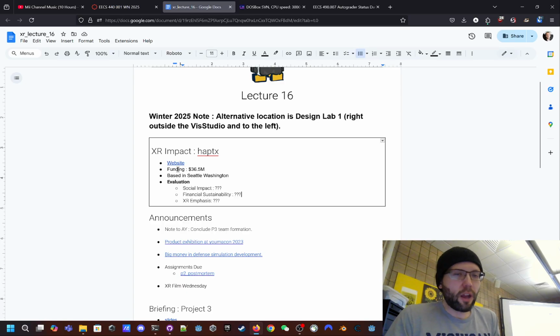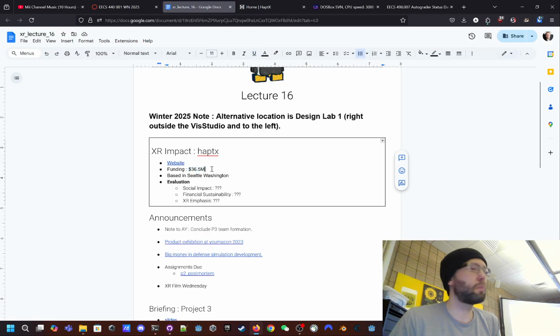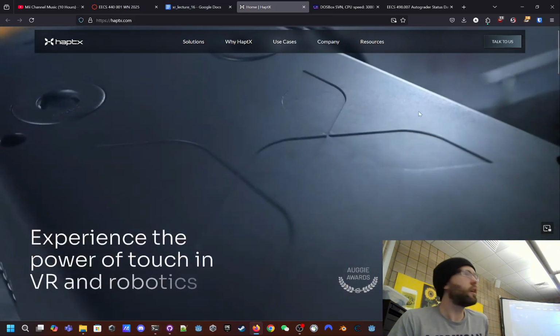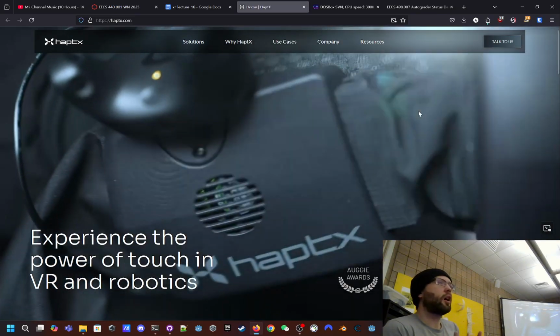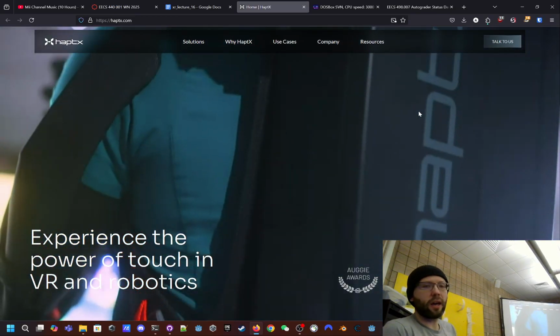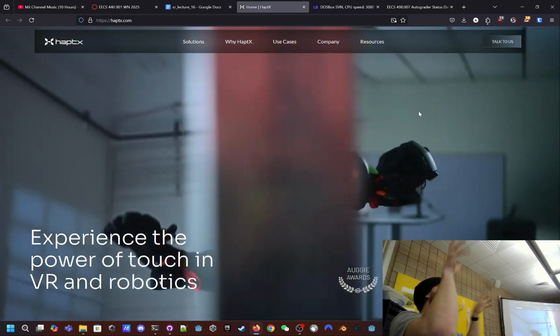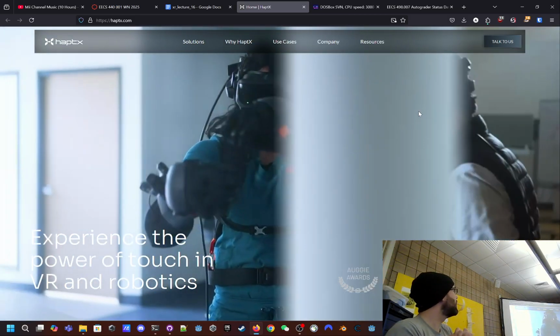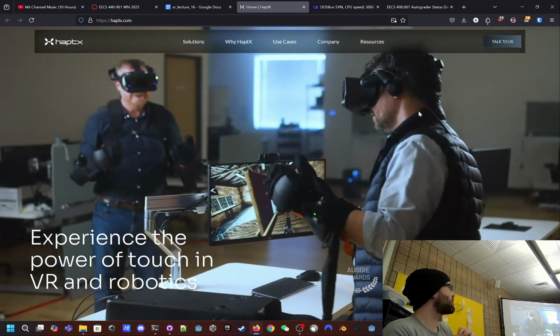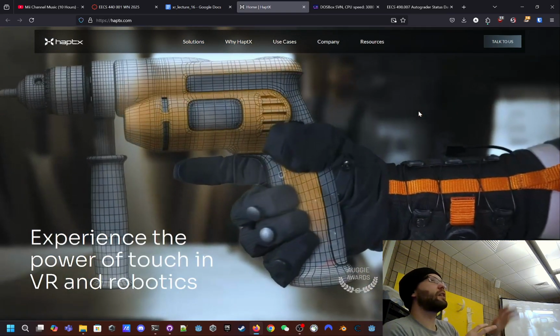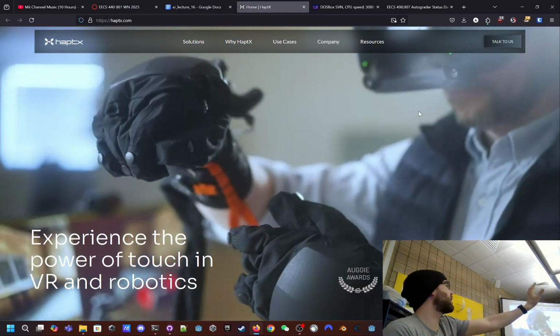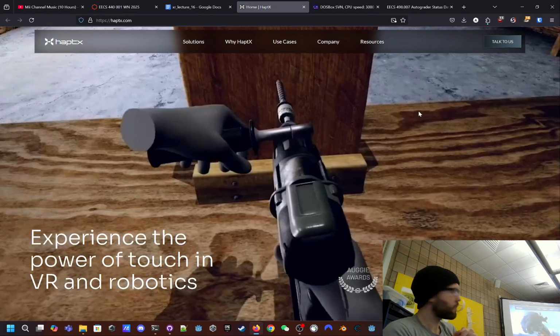Well, this is another company that has been funded fairly heavily, $36 million. They're based in Seattle. And they have a set of gloves, okay? A set of gloves that can actually allow you to feel and touch virtual objects, that can actually give you some force feedback, for instance, to let you know by touch when you're touching a wall, okay?